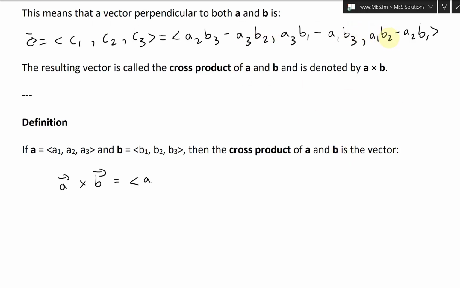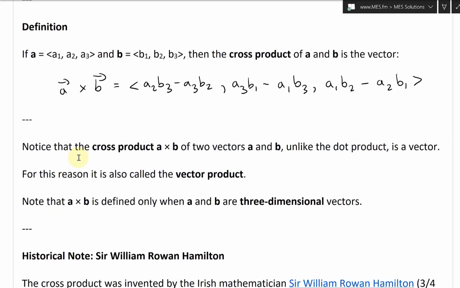So A2, B3 minus A3, B2. And then the next one is going to be A3, B1 minus A1, B3, and then it goes back to starting with the lower number A1, then A2: A1, B2 minus A2, B1. Like that.